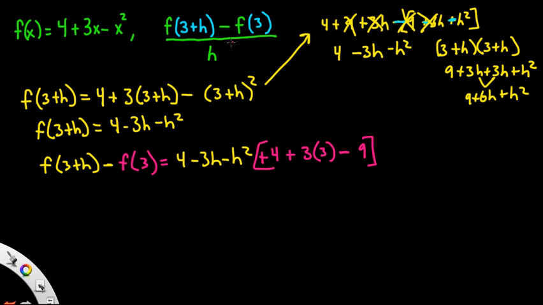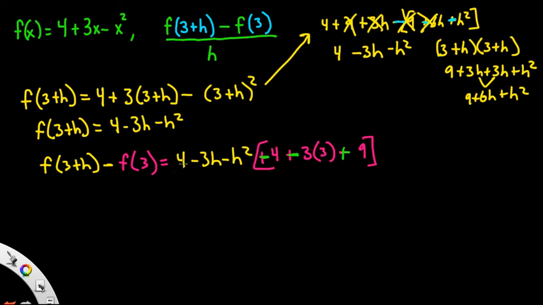But what we have to remember is you're subtracting the whole function. So every little piece right here is going to be subtracted. So subtract, and then of course, since you already have a negative, a negative and a negative is a positive, so you're going to have a plus.